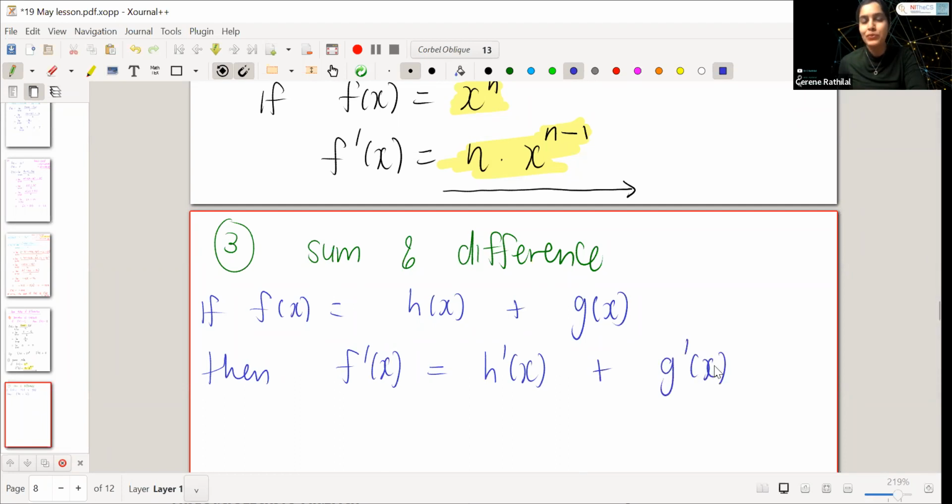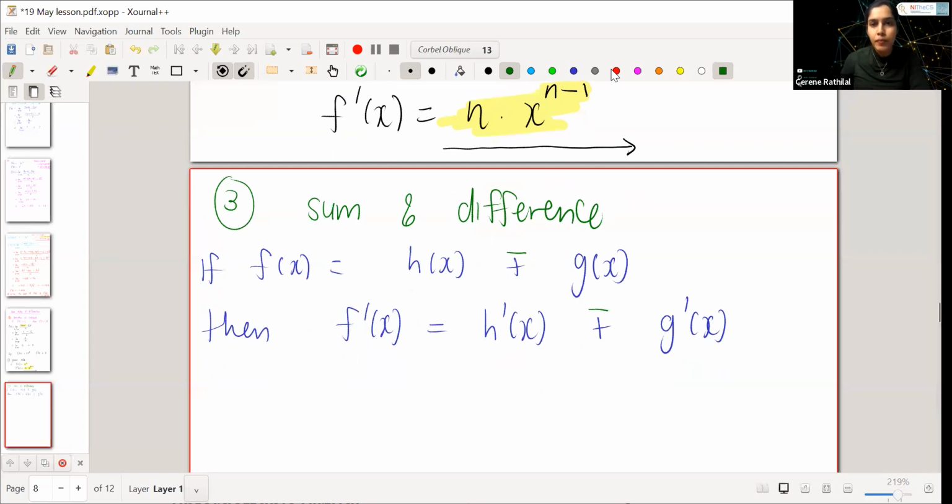So that's what this rule tells us. And of course, we can verify this using first principles. Now, similarly, we could replace this by a minus sign. So if the function was the difference of two functions, h minus g, then the derivative of f would be the derivative of h minus the derivative of g. And that's what that rule tells us.